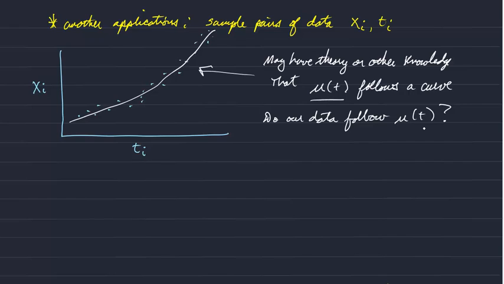So to answer that question, we could define a misfit statistic, say xi minus mu of T, and let's normalize by the standard deviation. Now let's look at what the standard deviation is.